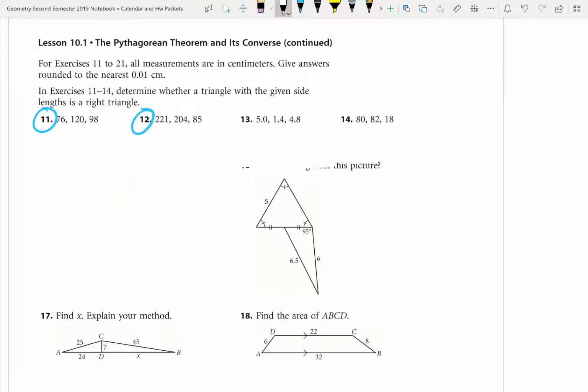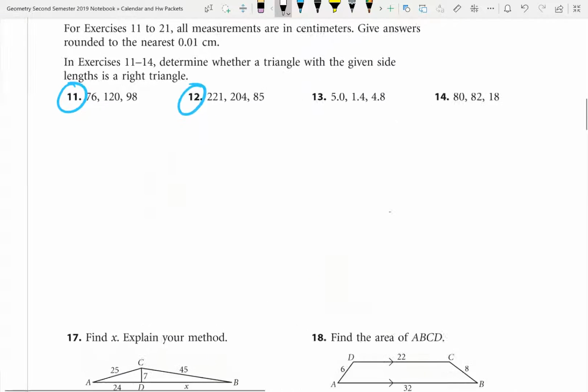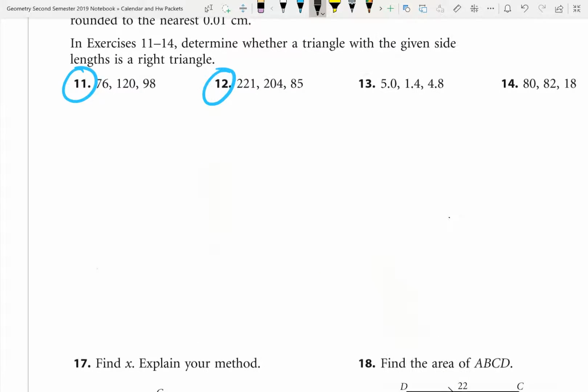And so to do that, I'm going to go ahead and give myself some more room here. Well, if these are right triangles, then the Pythagorean theorem will work. In other words, we're going to assign this A, B, and C. Right now, it doesn't matter what A and B are, but C is always the hypotenuse, always the longest side.